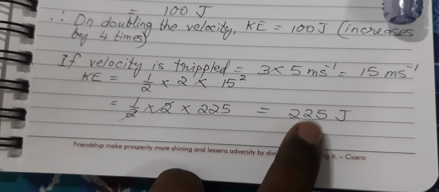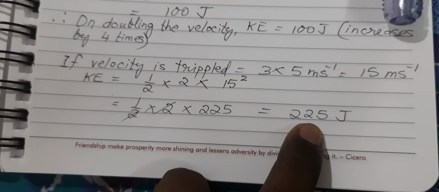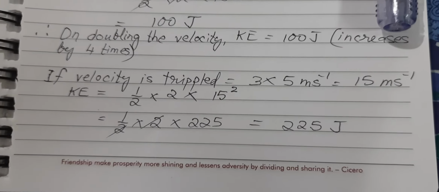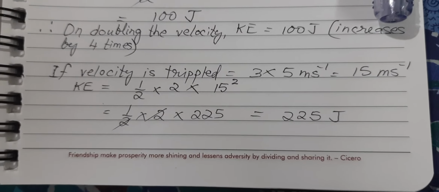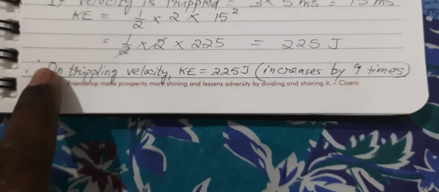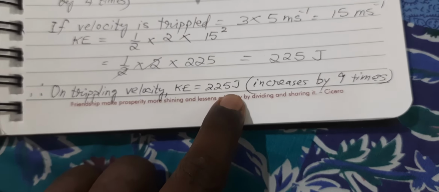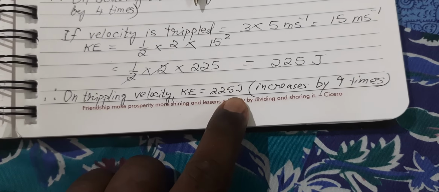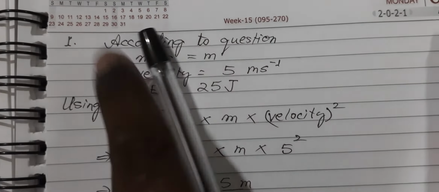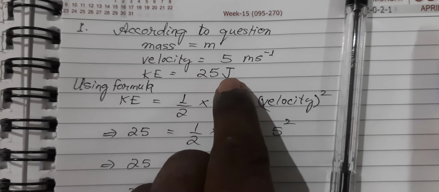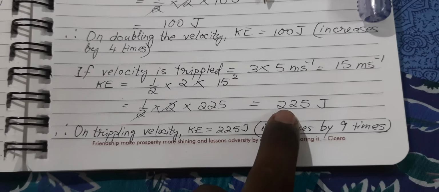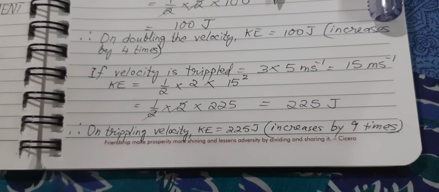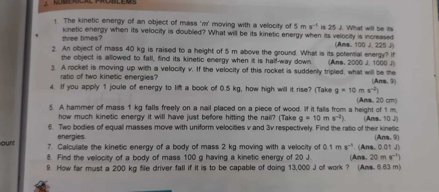That means when you triple the velocity, your kinetic energy increases 9 times. So on tripling the velocity, kinetic energy now becomes 225. That is 9 times of 25 joules, which was the initial kinetic energy.